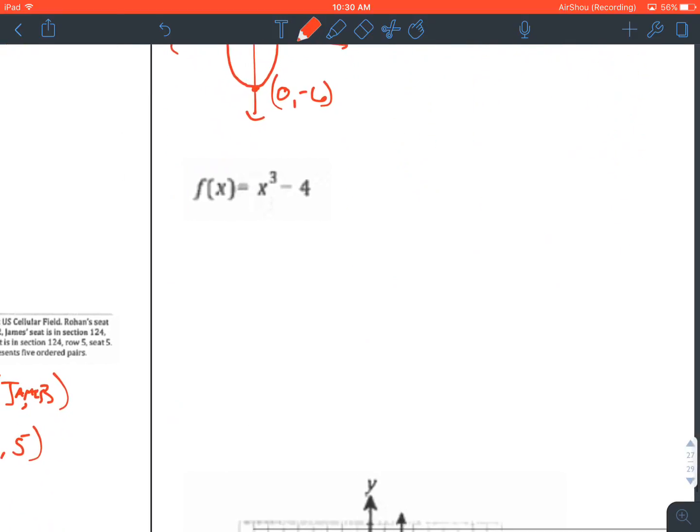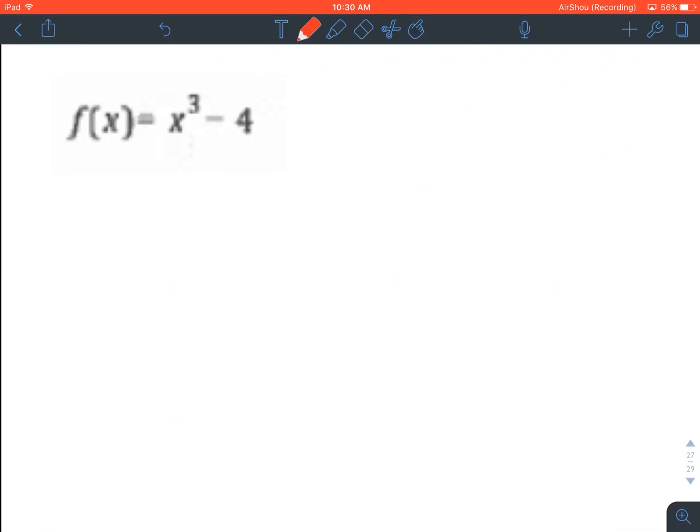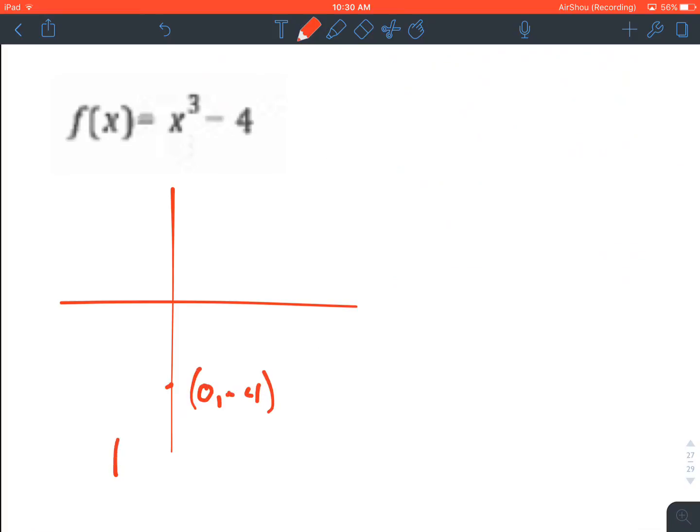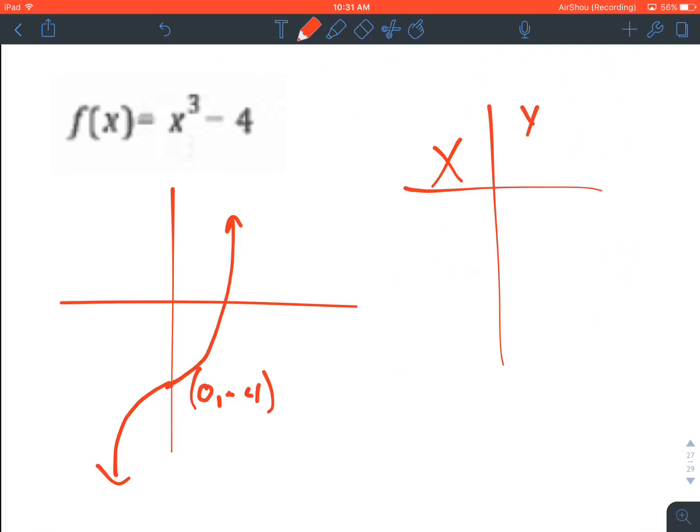Here, f of x equals x cubed minus 4. That graph is going to look something like this. It's like 2 parts of a parabola. One part opens up, one part opens down. So whatever we put in for x, the y value has to be x cubed minus 4. Put a 0 in, 0 cubed minus 4 is negative 4.